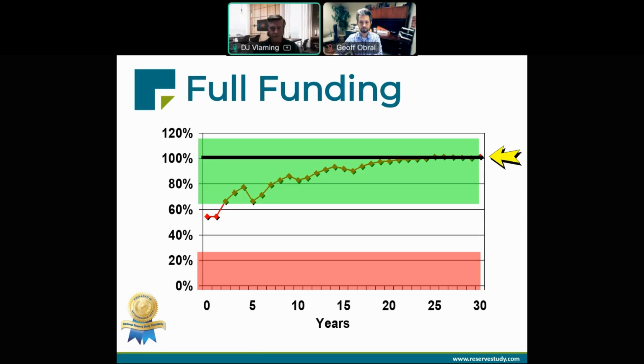Now, the criticism of this plan is that it's too aggressive and expensive. But as someone that creates these plans, I want to point out that it takes around 20 years to actually achieve the objective. That's not too aggressive. I don't have a short-term time frame in mind to get an association from 55% to 100% funded.